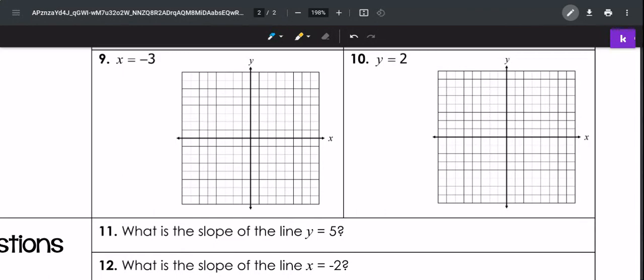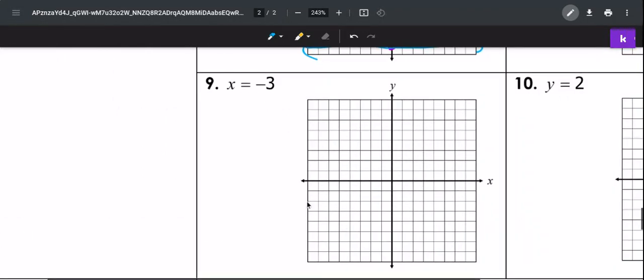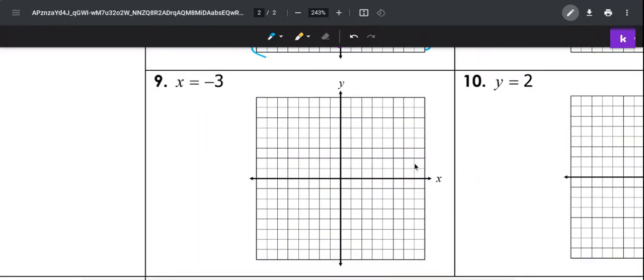On 9 and 10, we're dealing with the same thing here. Now, on number 9, we're looking at x equals -3. So you answer this. Should I be making a cross with the y-axis or the x-axis? It should be the x-axis. Now, would I need a vertical line to do that, or do I need a horizontal line? Hopefully you're saying vertical line.